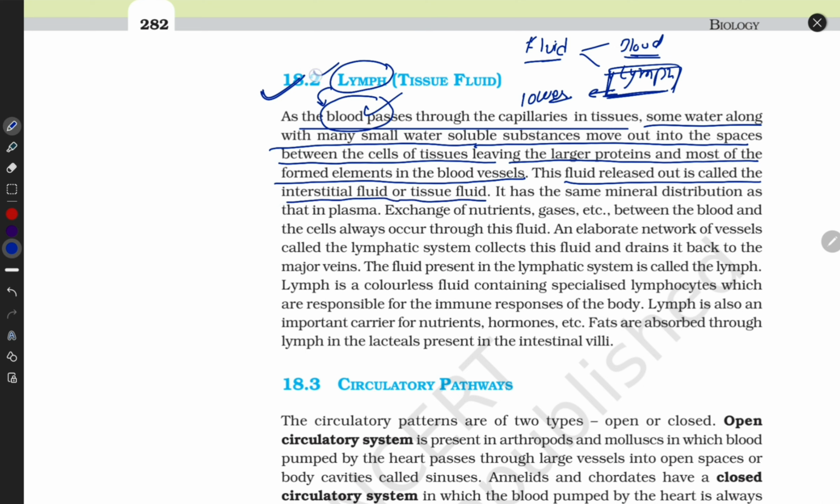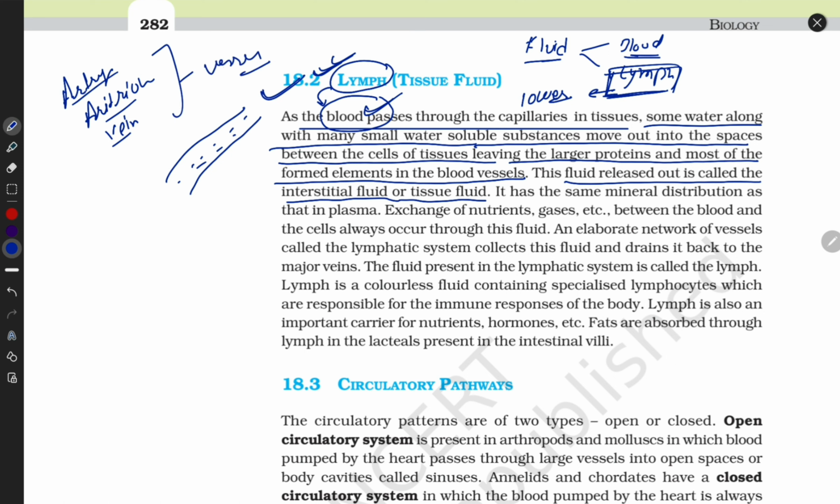Okay, this fluid circulates in tissues and interstitial spaces, because blood flows in the blood vessels. But the lymphatic system does not have any kind of high-profile arteries, arterioles or veins. It does not contain these kinds of vessels. It contains only capillaries. They flow into the tissues, the body cells. That's it. Okay, what do they do?